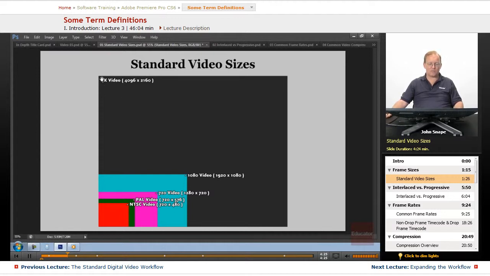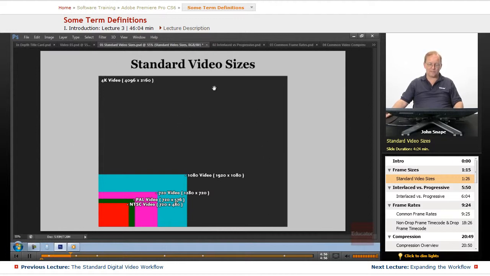But these go by the width of the video instead of the height. So the standard definition, the width is 720 by something, and then these high definition are something by 720 or 1080, and then the large ones go back to 2K, 4K, or 5K by some other value.